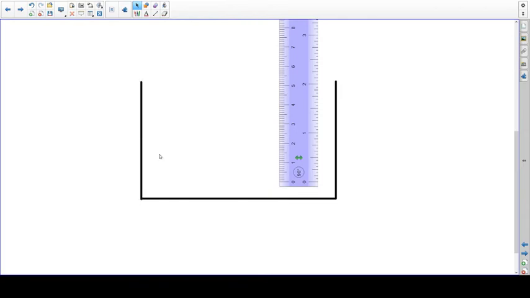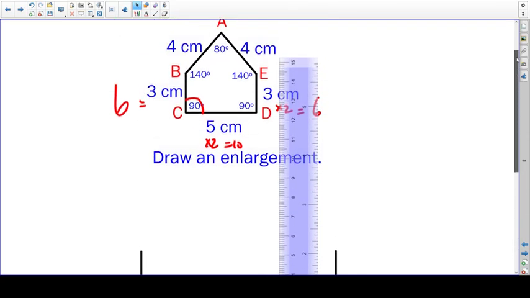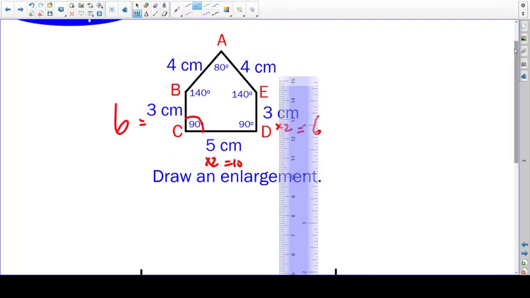Now, the only difficult part of this question is coming up with that peak. That peak, it might be tough for us to draw. How can we make sure to draw it appropriately? Well, we have here that this angle here needs to be 140 degrees.